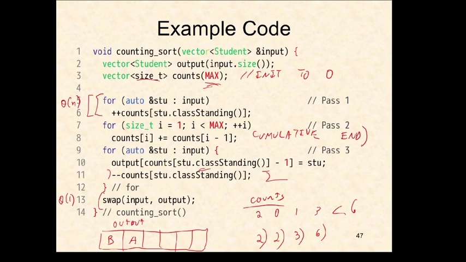Pass 2 is O of max, but max, remember, is a constant. We knew the constant up front. This loop is really O of 1. So pass 2 is O of 1. Pass 3 goes through the students again. That's O of n.